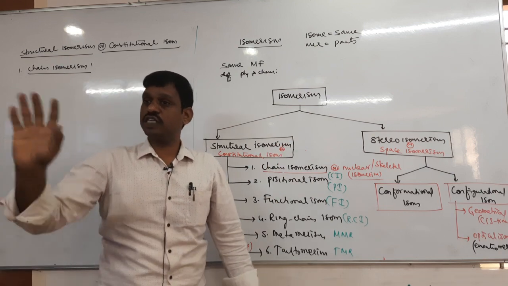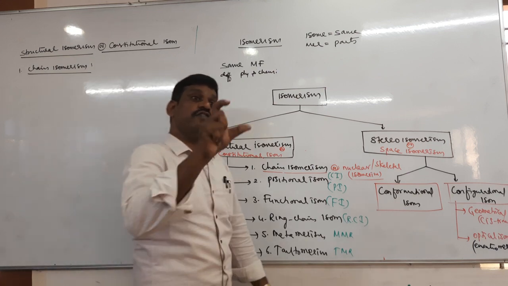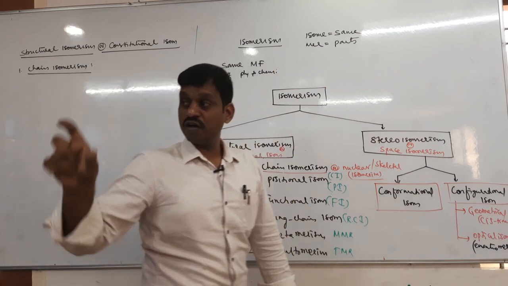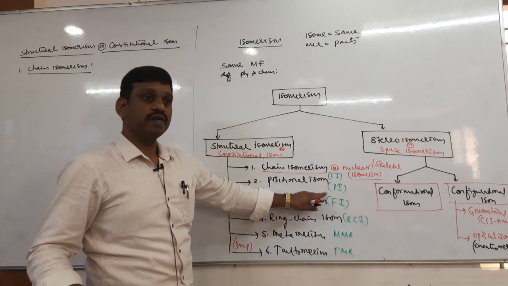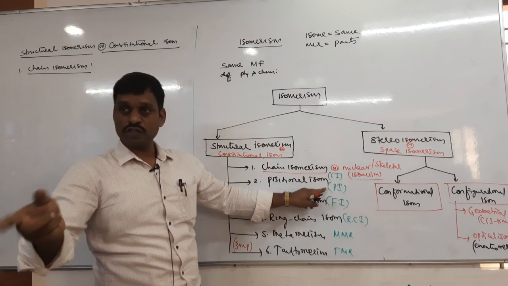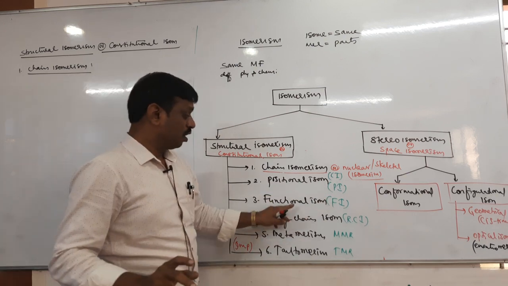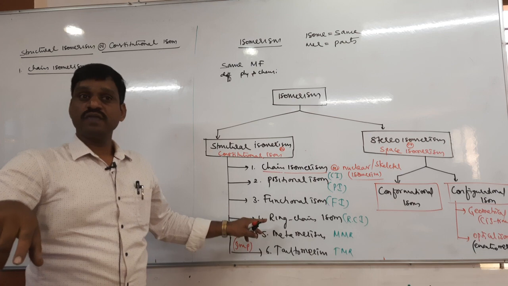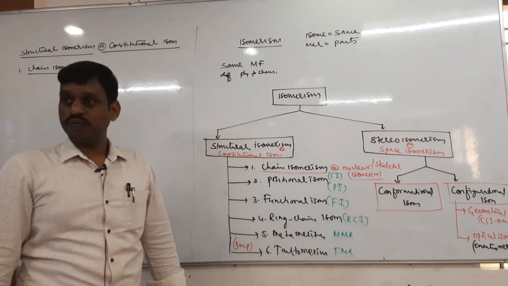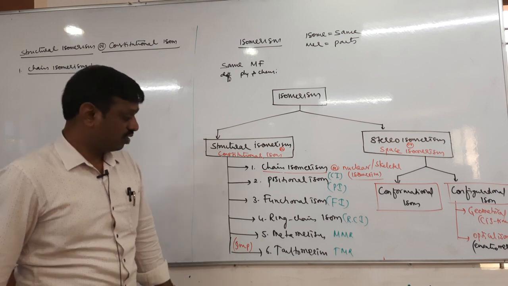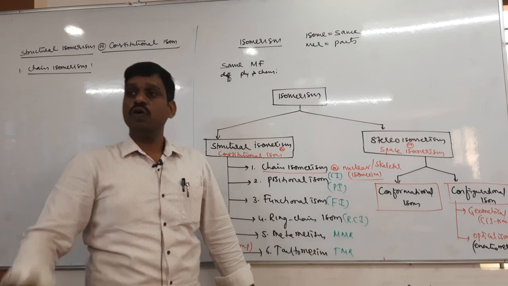So in CI and PI, both should have the same functional group and the same molecular formula. But in case of FI, the molecular formula is same, and they differ in functional group. Next is ring chain, where one is a cyclic ring and another is an open chain.